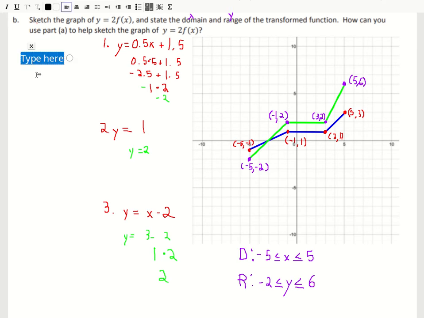So using part A, we would keep your x value the same, and we'd multiply the y value by 2, because it's a vertical stretch of 2.